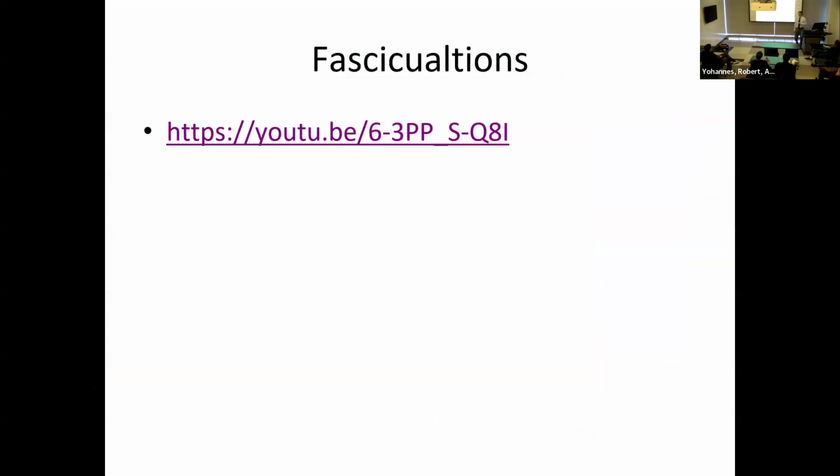Fasciculations you can see with your eyes. Fasciculations you can see under the skin. Fibrillations you cannot. You cannot see individual muscle fibers twitch. But fasciculations you can. So if you look at a patient with motor neuron disease, if you look carefully, and you should, you wait, and you'll see these twitches of random motor units.